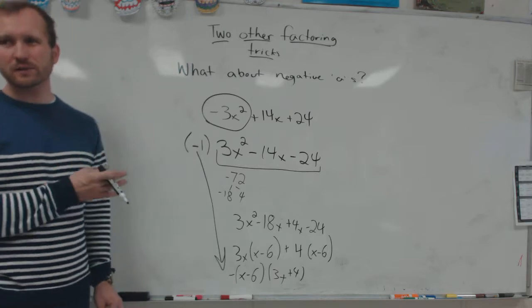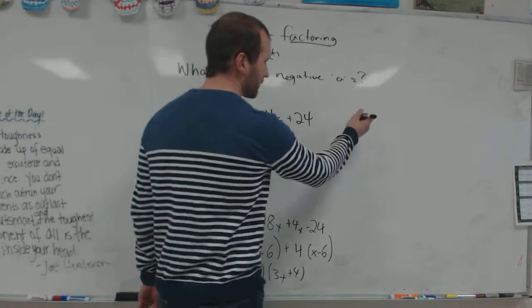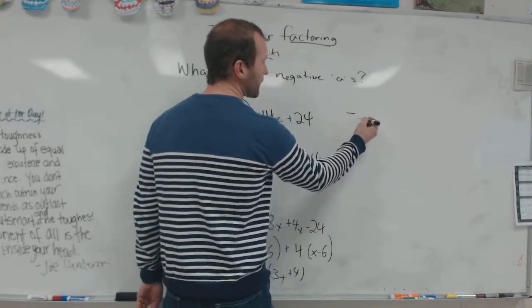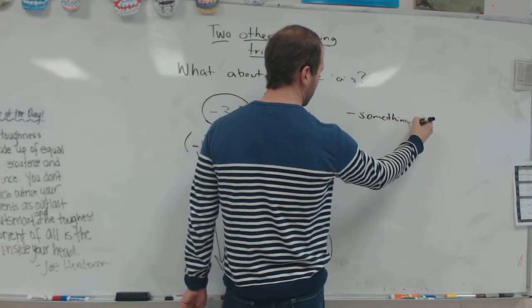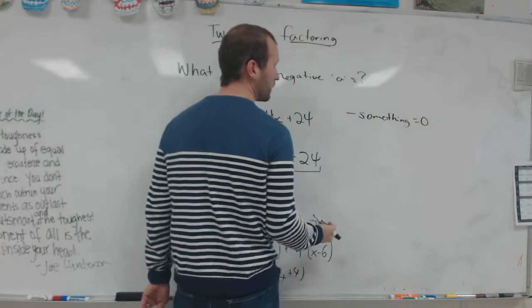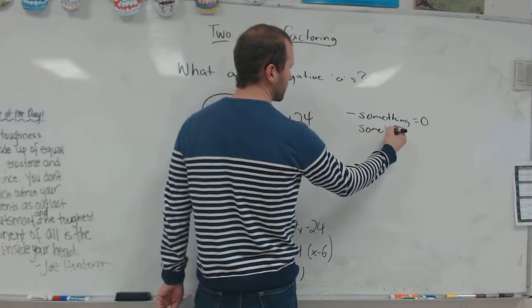Now again, once we start setting these equal to 0, what happens to that negative? If I have negative something equals 0, that means that the something also has to equal 0.